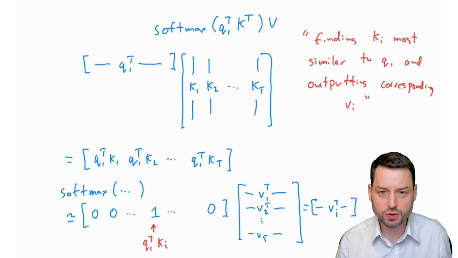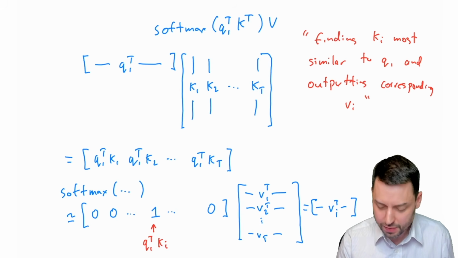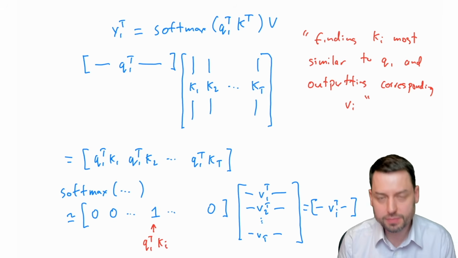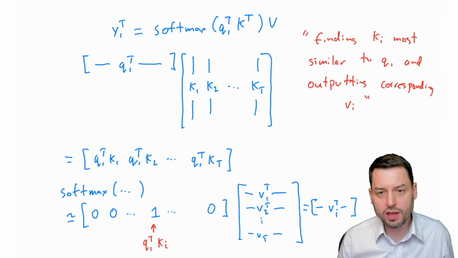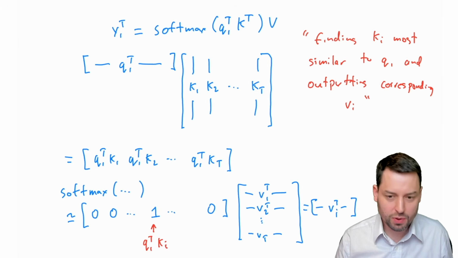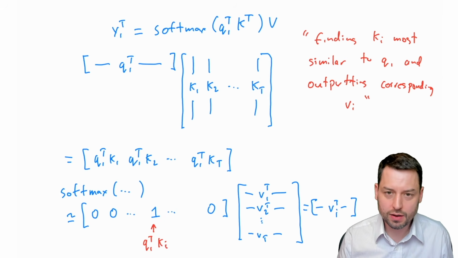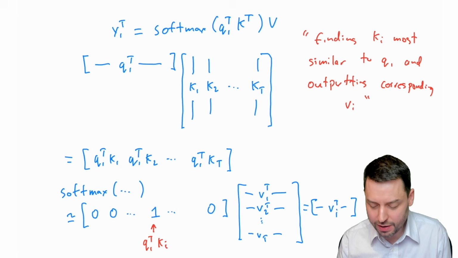And that's what self-attention is really doing. Maybe I'll even write the fact that this is in fact, of course, Y1 transpose is equal to this thing. Okay, and so that really is why people think of self-attention as being something like a lookup table.